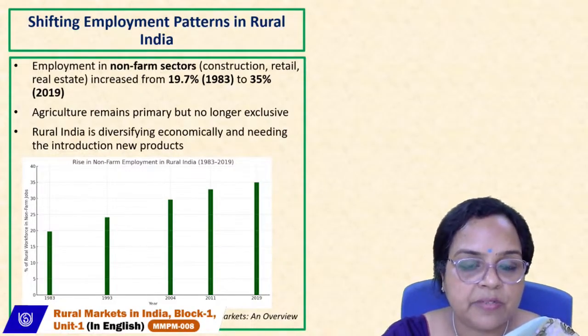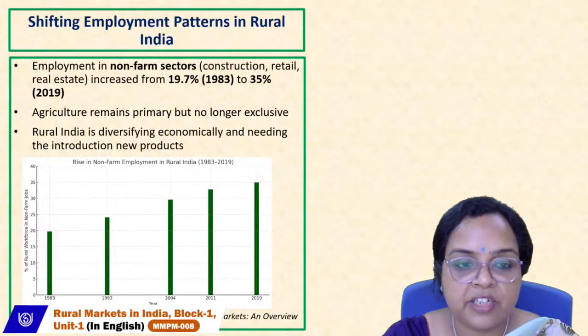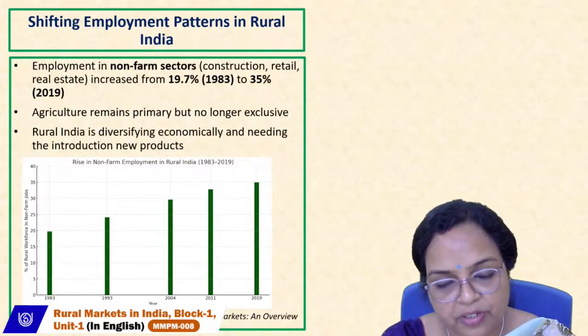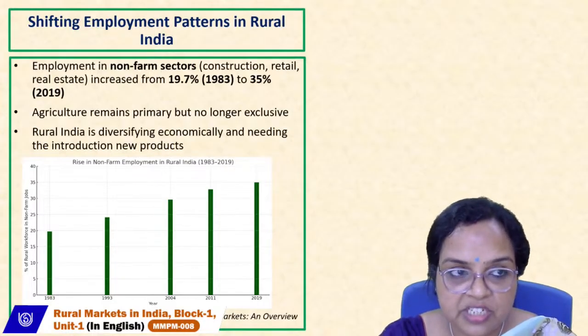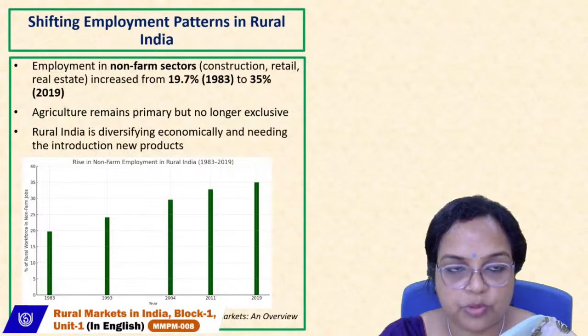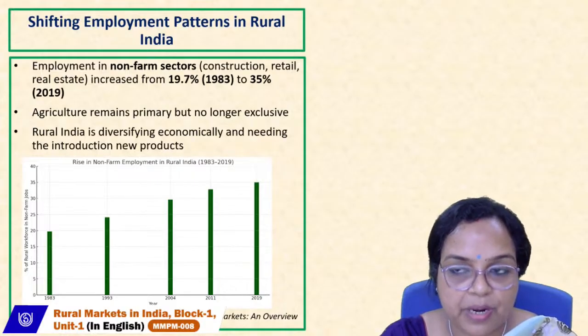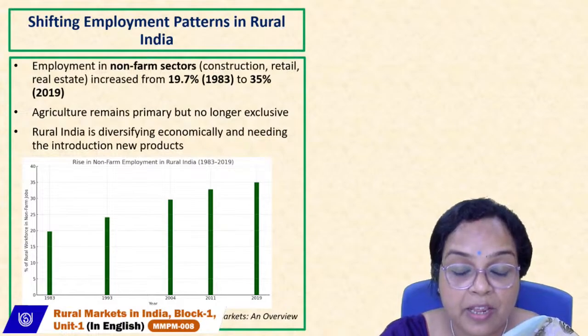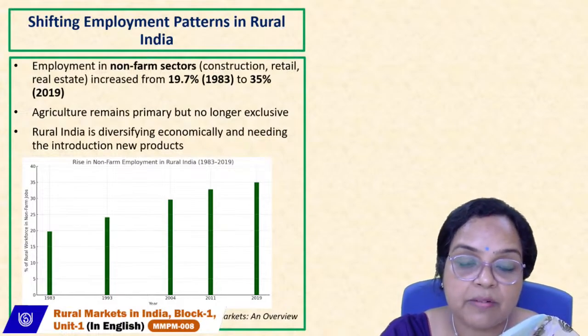Rural India is diversifying economically, needing the introduction of new products. For marketers, this point is important because people are moving to different income zones, so their income pattern is also seeing a different type of impact.